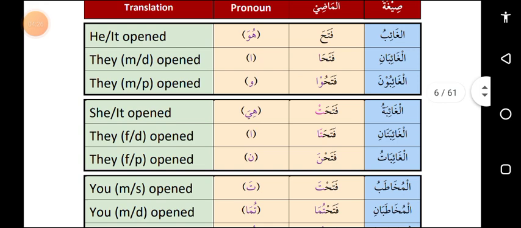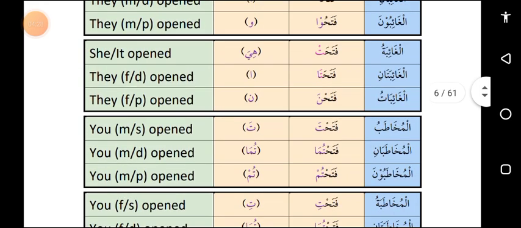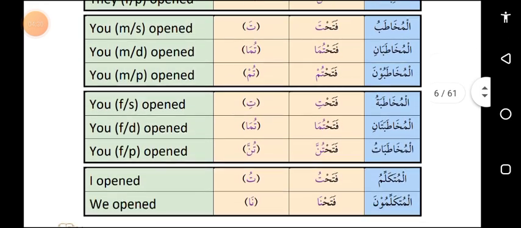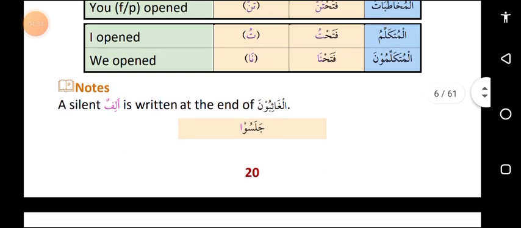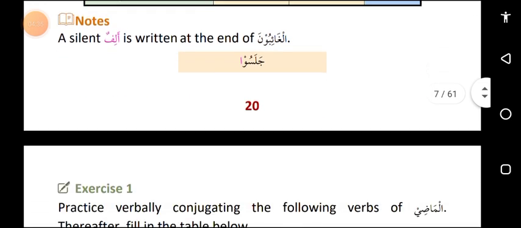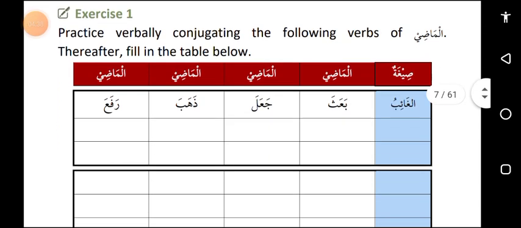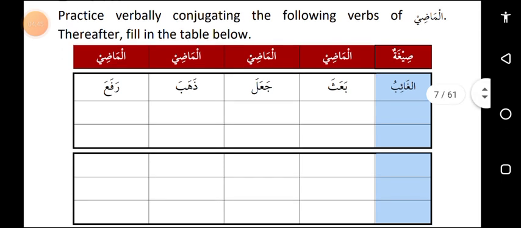Then we discussed fataha, fatahu, fatahat, fatahata, fatahna, fatahta, fatahtuma, fatahtum, fatahti, fatahtuma, fatahtunna, fatahtu, and fatahna. And all the other three-lettered thulathi mujarrad verbs will follow the same suit, like we did ba'atha, ja'ala, zahaba and rafa'a.